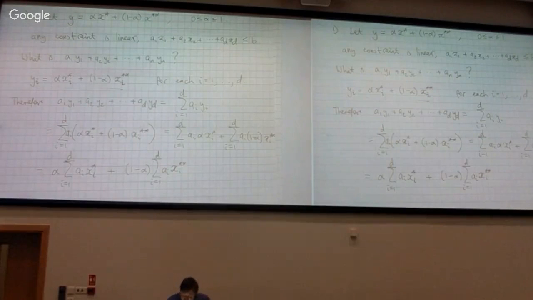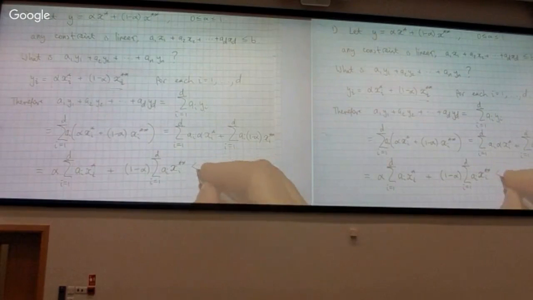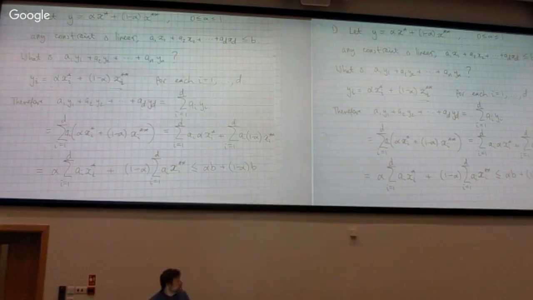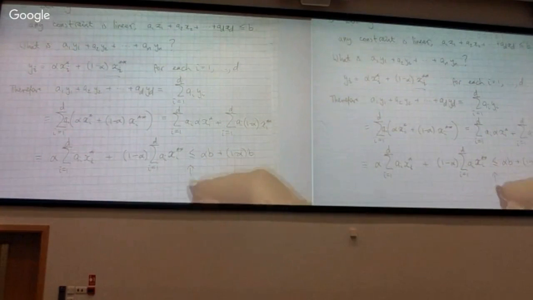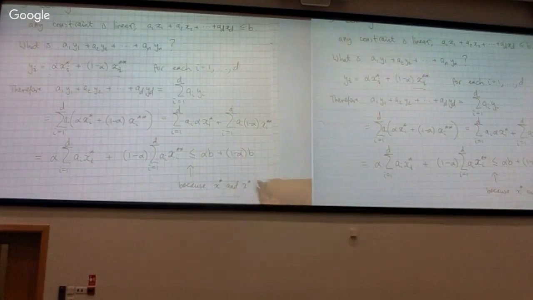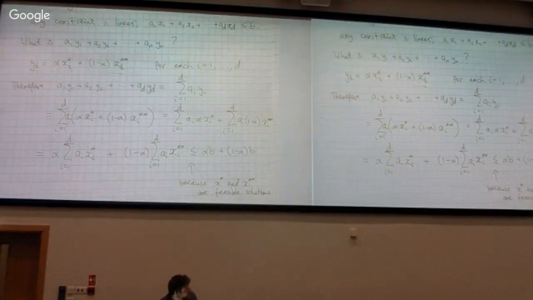So this is less than or equal to alpha times b plus 1 minus alpha times b, because these two things are feasible solutions. What's this?